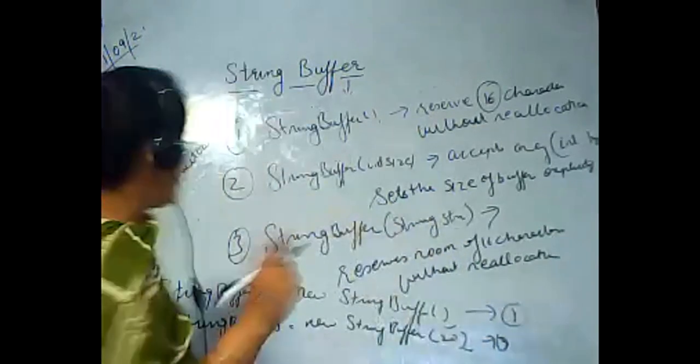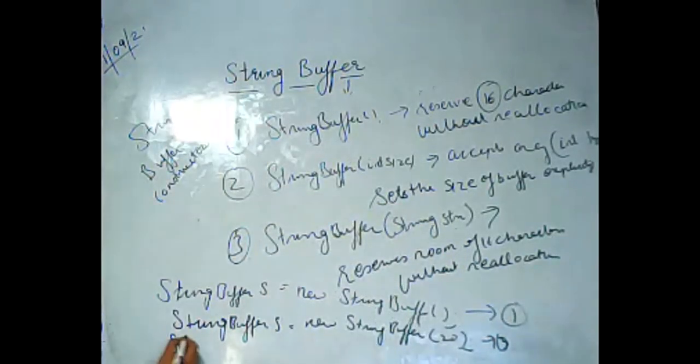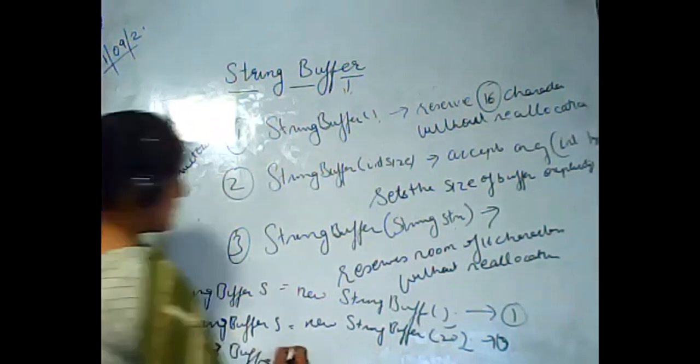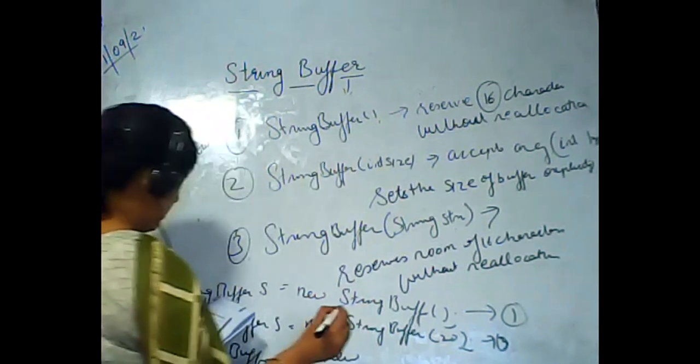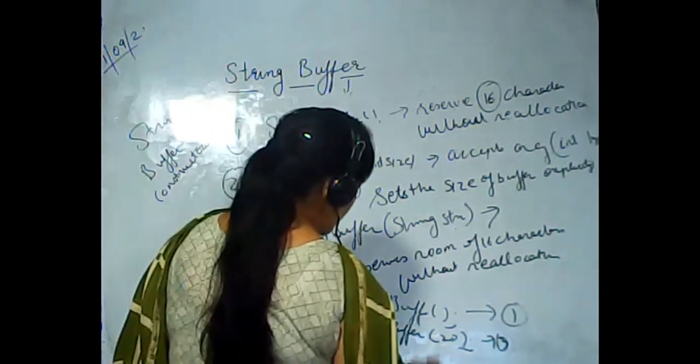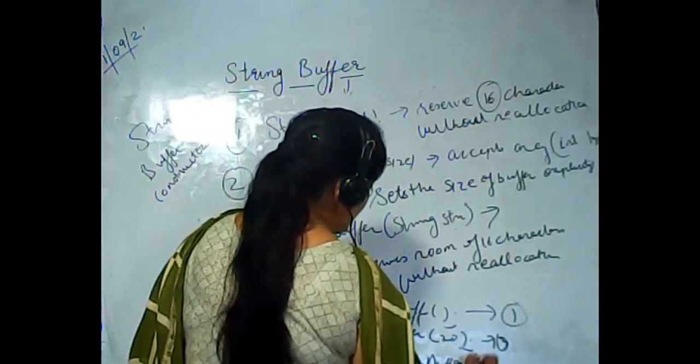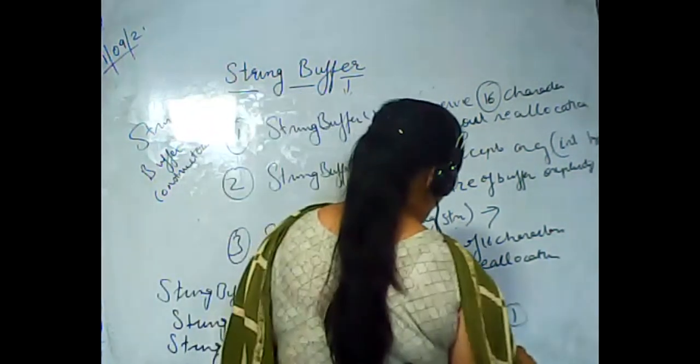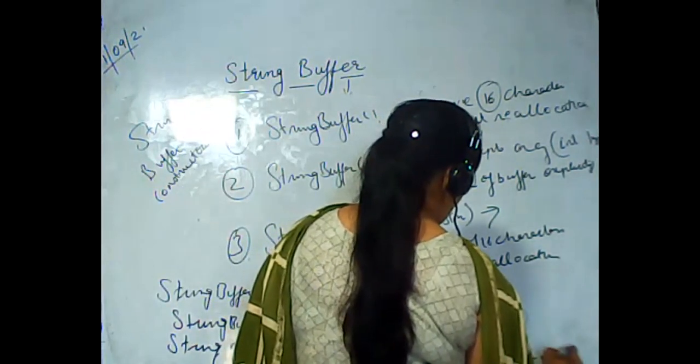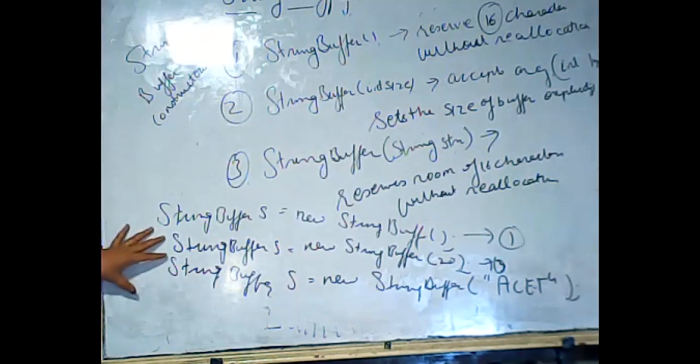So we can write: StringBuffer s equal to new StringBuffer, and pass ACP. See, we have passed that particular value over here. Fine. So this is how we can use all these constructors in order to use StringBuffers.